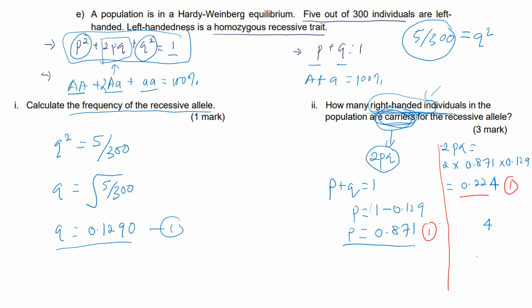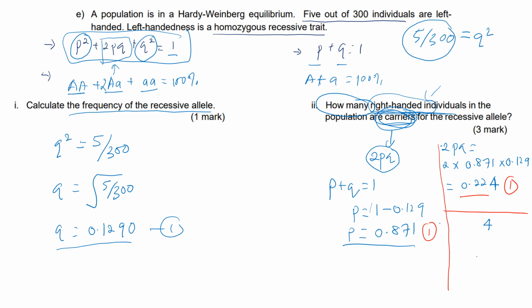Alright, so the third mark. The question wants you to give the number of individuals, not the frequency, not the percentage, but how many individuals.